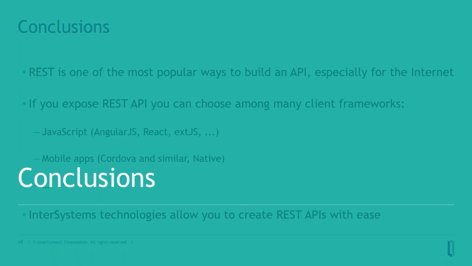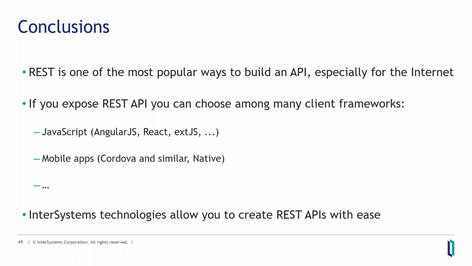And conclusions. General to the webinar. First of all, REST is one of the most popular ways to build an API for the web. Nowadays, most APIs you build and consume are REST APIs. If you expose your REST API, you can choose among many client frameworks.